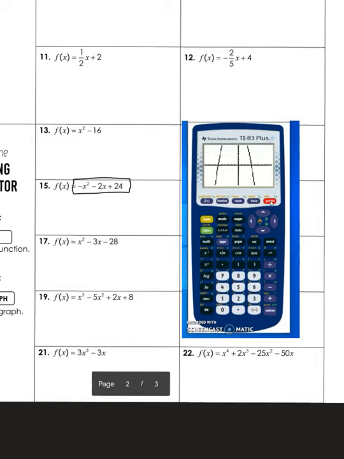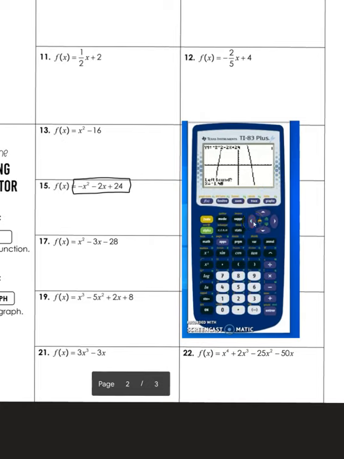Once we hit graph, we can see that we have the x's. The zeros are here and here, but we need to find them. To do that, you're going to hit second trace, then go down to number 2 to hit 0. Then we have to move our cursor left and right.